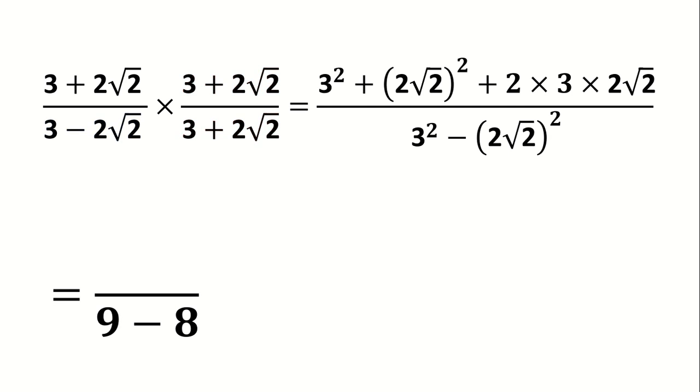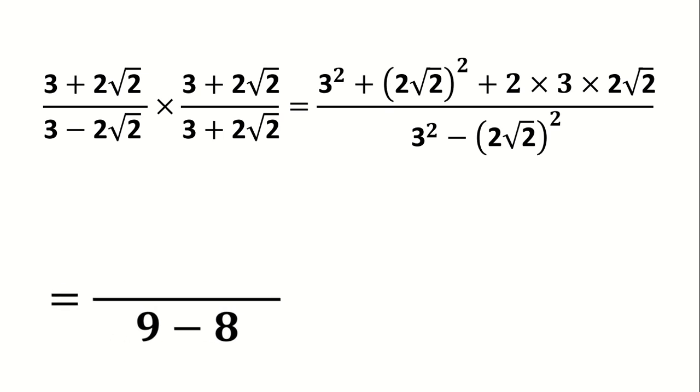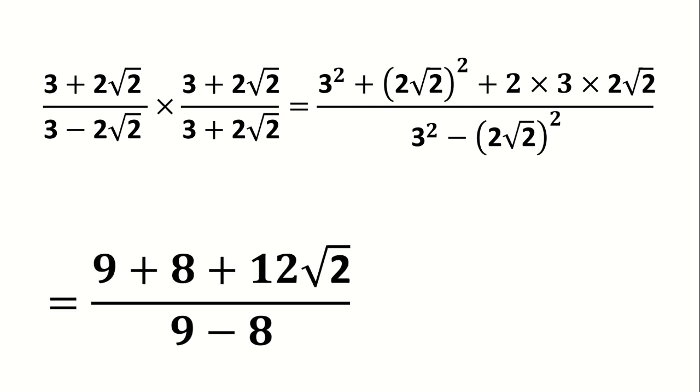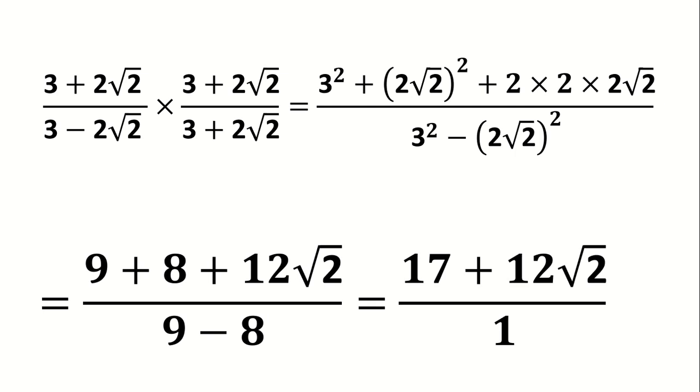In the denominator, we have 9 minus 8, and in the numerator, we have 9 plus 8, which is (2 radical 2) squared, plus 12 radical 2, which is 2 times 3 times 2 radical 2. It can be simplified as 17 plus 12 radical 2 over 1.